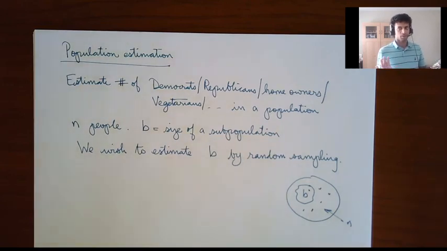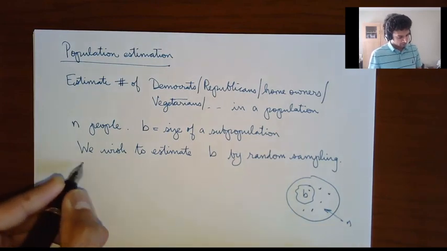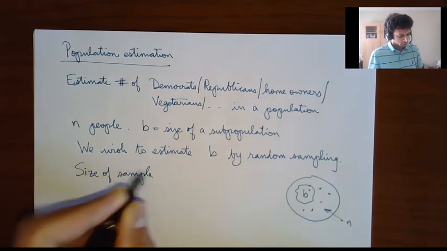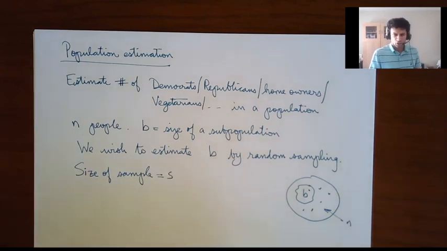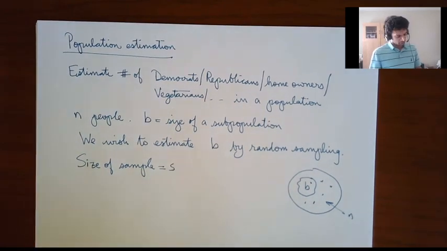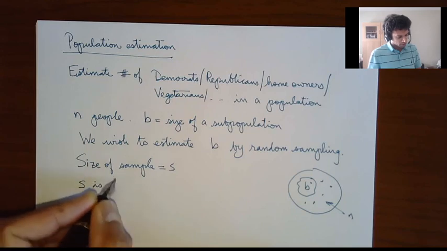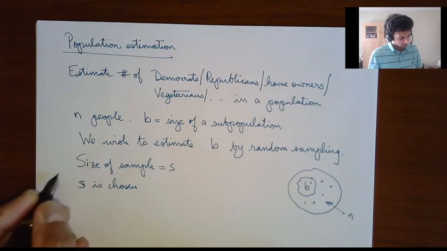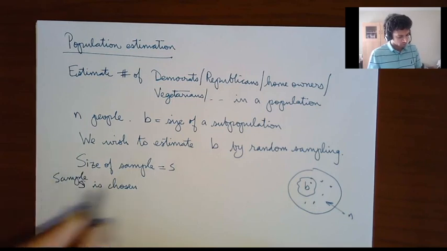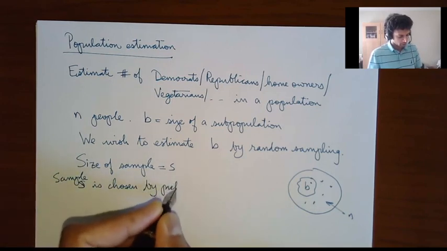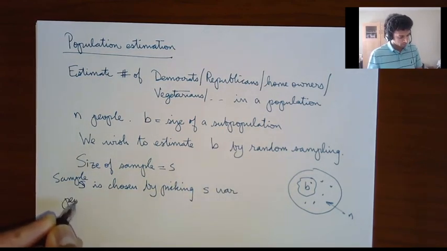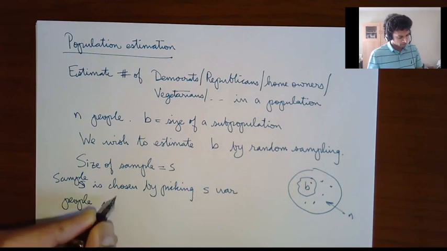statistical sampling. We wish to estimate B by random sampling, and let's say the size of the sample is S, and just to keep things formal and convenient, the sample is chosen by picking S uniform at random people with replacement.